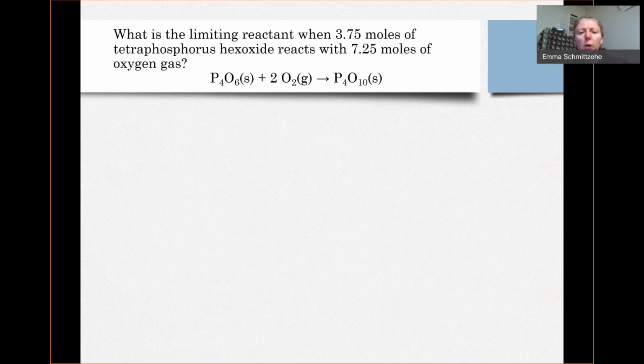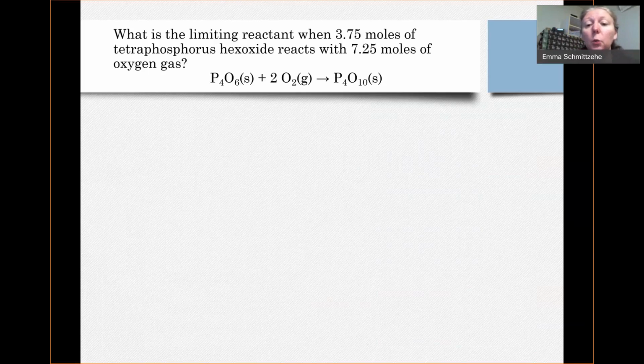This first one says, what is the limiting reactant when 3.75 moles of tetraphosphorus hexoxide reacts with 7.25 moles of oxygen gas? Now we have information about each of our substances.